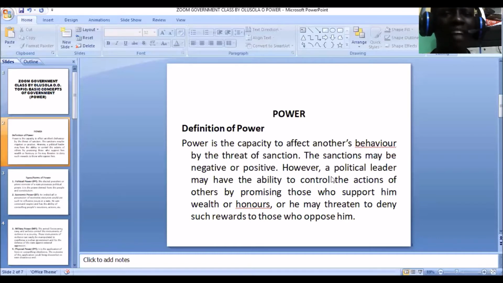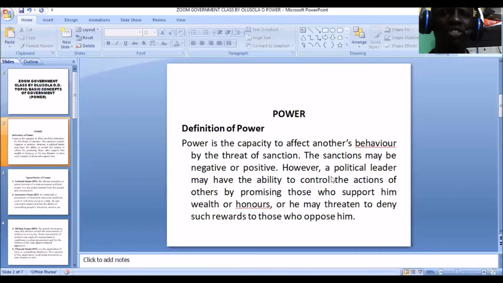Even at home, you find the elder brother or elder sister marginalizing or maltreating the younger ones. In some families, the father maltreats or uses power over the wife. So the concept of power is a common, general thing that we experience in our everyday lives.